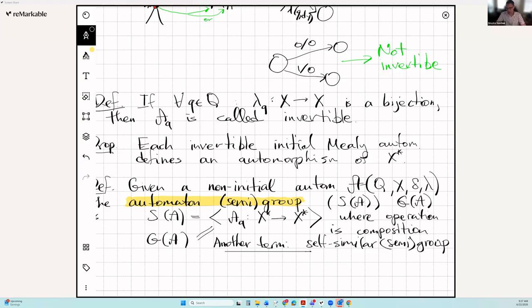So we're going to be talking mostly about groups, but in general, you have semigroups because those transformations of X star might not be invertible, but you still can consider compositions of those. In that case, you're going to have a semigroup, but if those transformations are invertible, then you have a group.